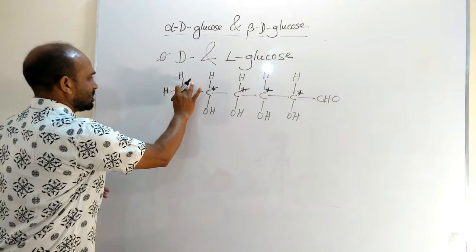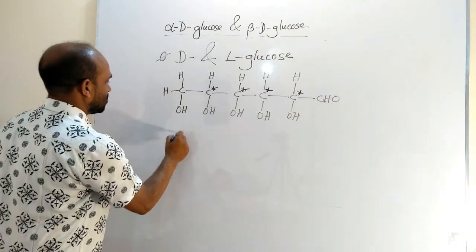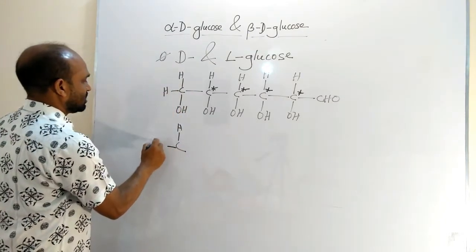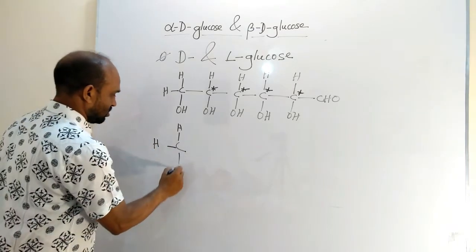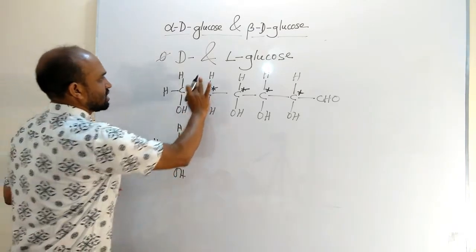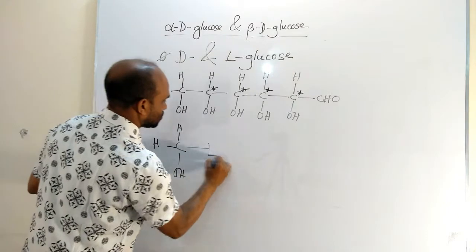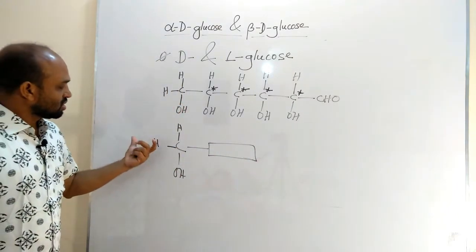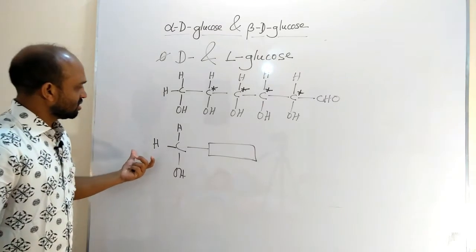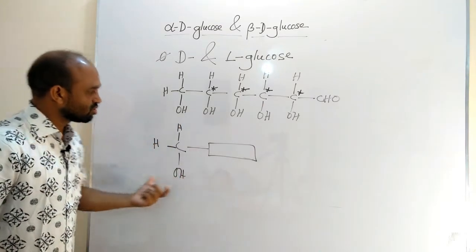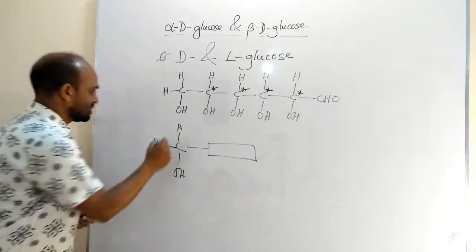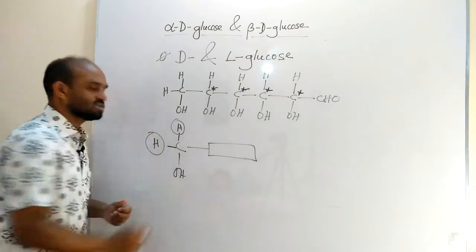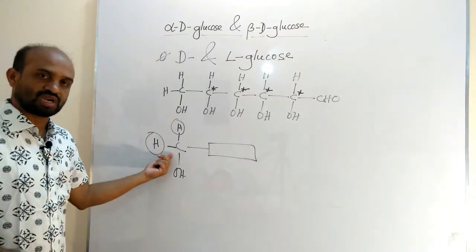This carbon in its 4 hands has one hand hydrogen, another hand another hydrogen, OH, and another hand this large portion. So this carbon, where the 4 groups are not different, here this is and this is same, so this is not chiral carbon.